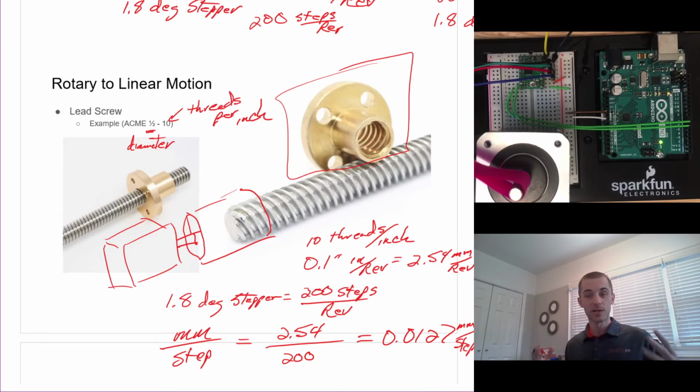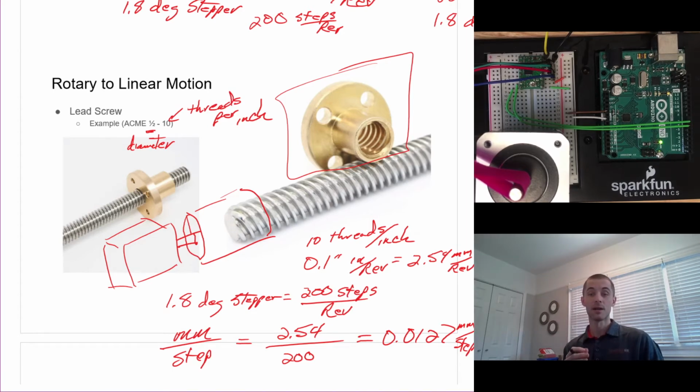So again, we're just translating that rotary incremental motion from the stepper motor, which per step can be incredibly accurate. It's usually plus or minus 5% of that 1.8 degrees, right? And so you're snapping to those positions very accurately.